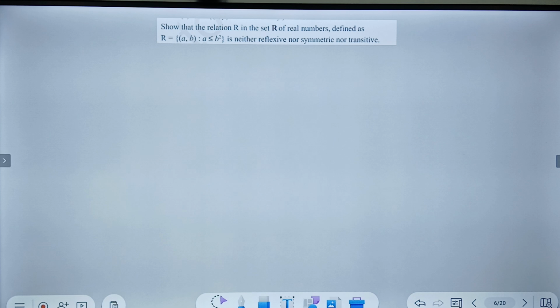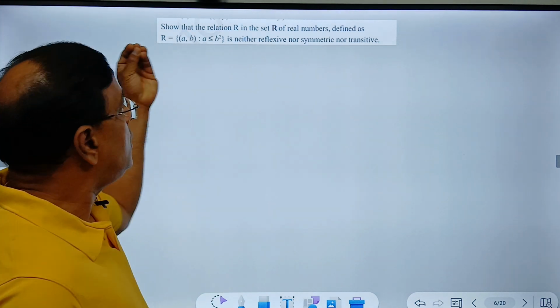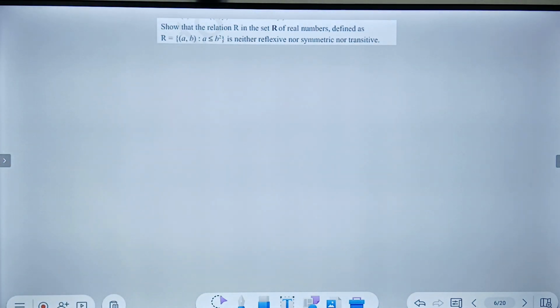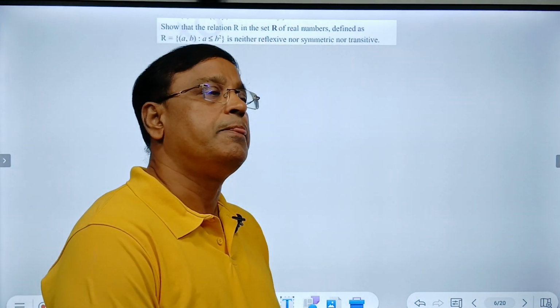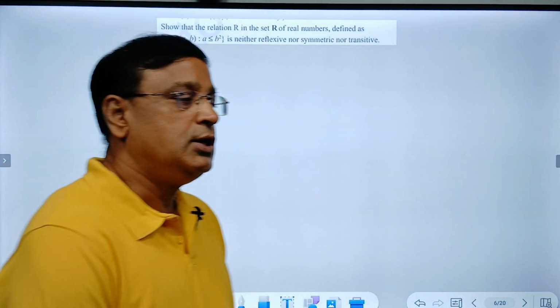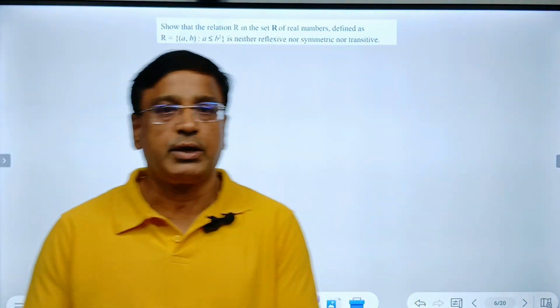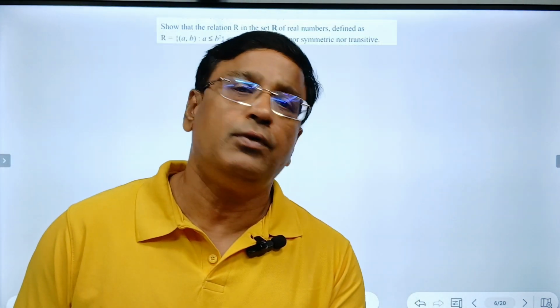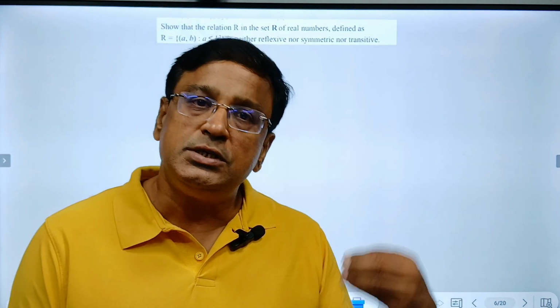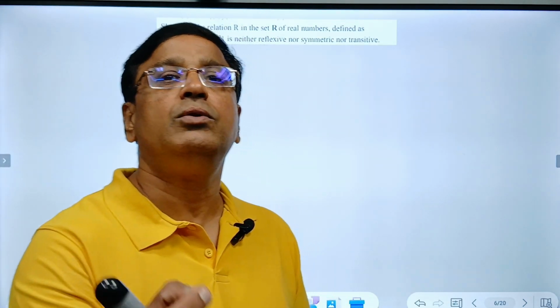Now we are going to do, this is not proving, where we are going to verify whether the given function is reflexive, symmetric or transitive. Now in mathematics, if you want to prove a result, you have to prove it for all values. But if you want to disprove, you just give one counter example.